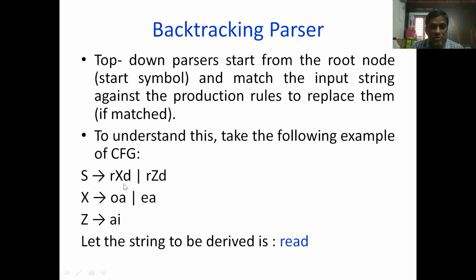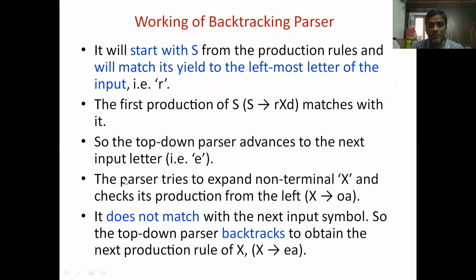Both productions start with R, so you can consider either one. Because this one exists first, the backtracking parser considers RXD. So the first step is substitution of RXD for S, because it matches the first symbol of the string.